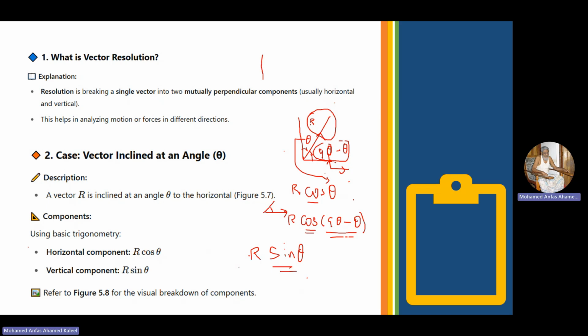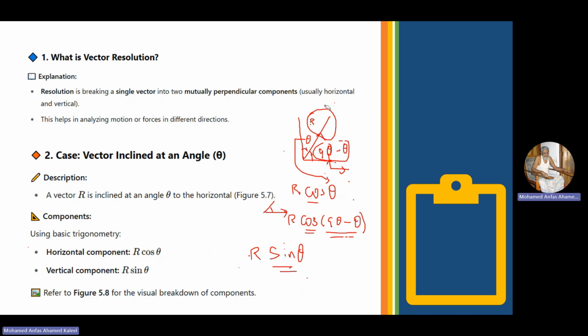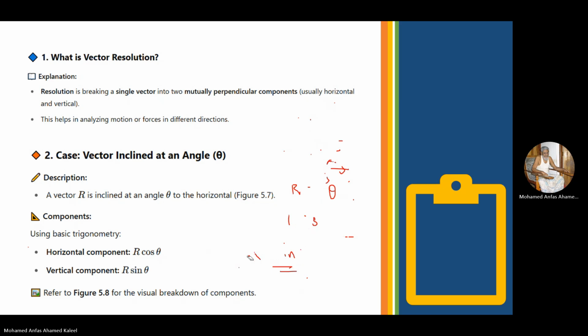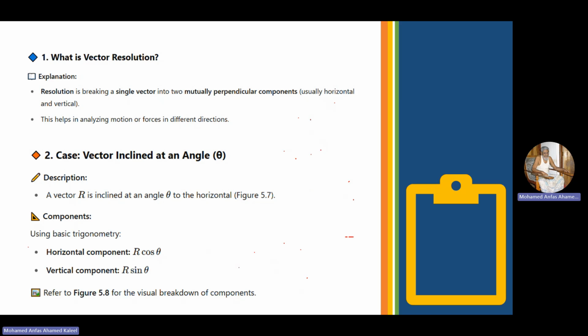Let's say a force is acting at 60 degrees to the horizontal.